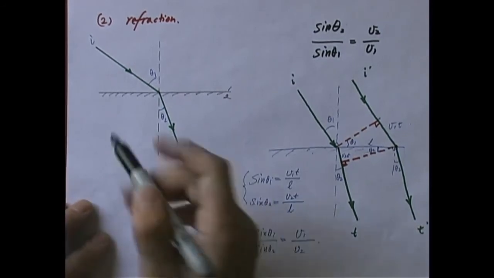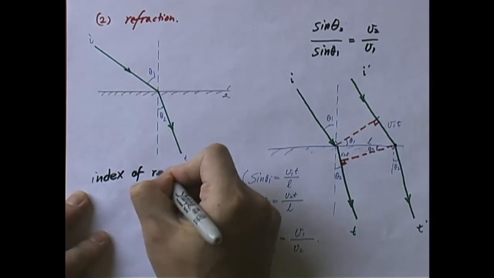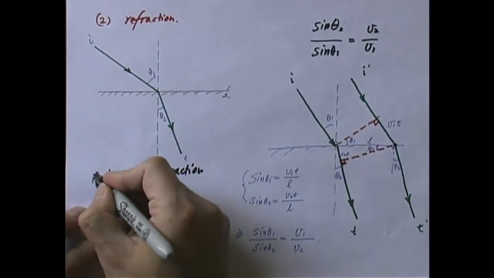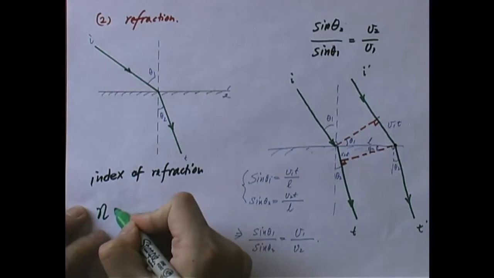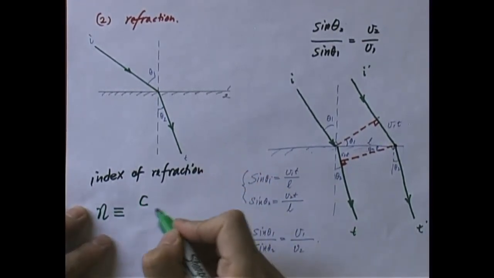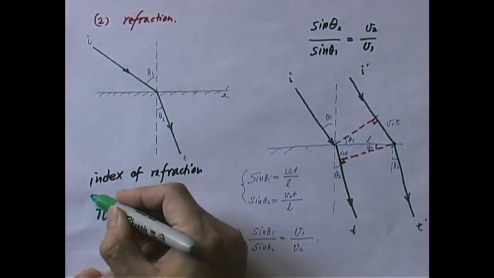The index of refraction n is a number. n is defined to be the speed of light in vacuum, which is c, divided by the speed of light in a particular medium.